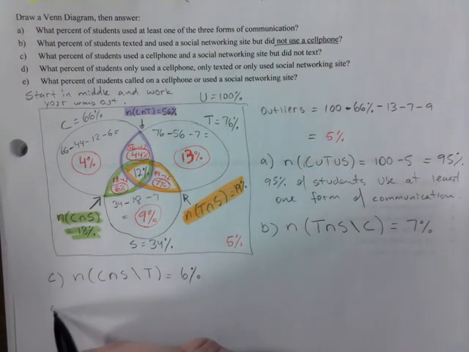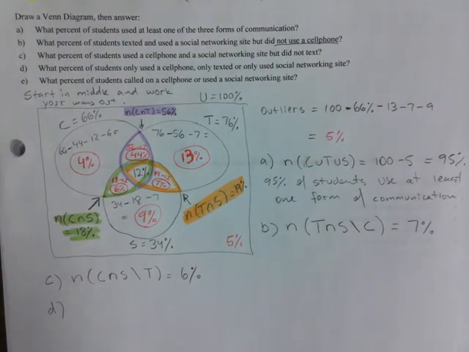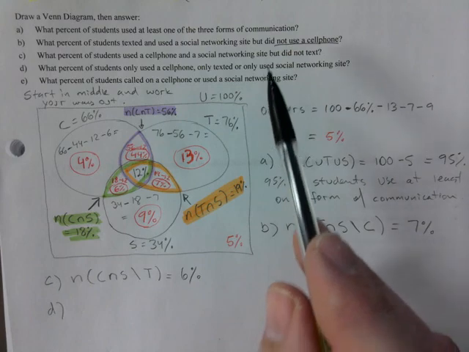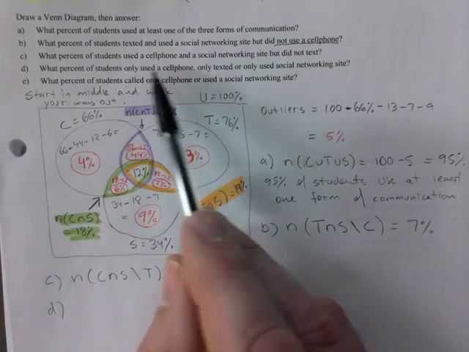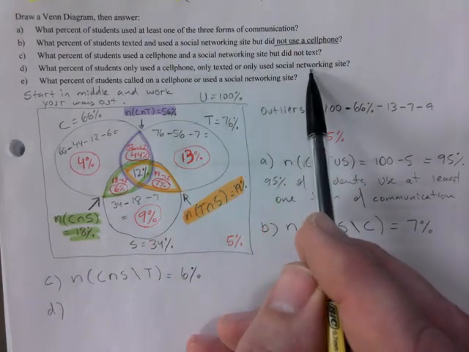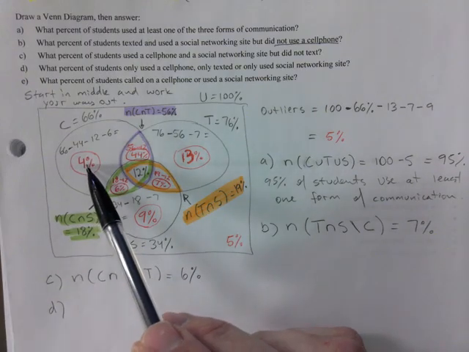That's C. For D, what percent of students only used a cell phone, only texted, or only used a social networking site? What would this be? I'm going to present to you that what they're asking when it says only cell phone, only texted, or only use social networking, it's these numbers right here.